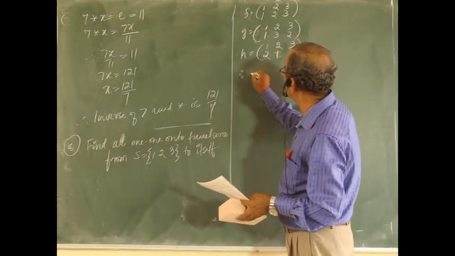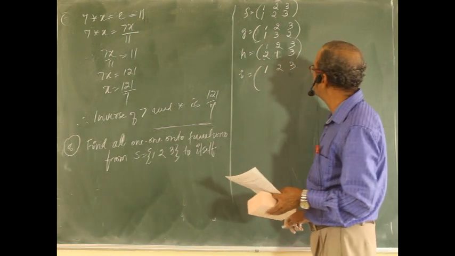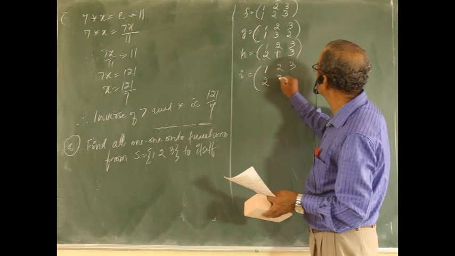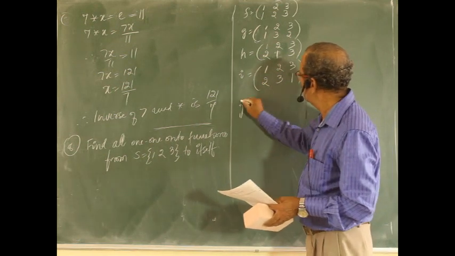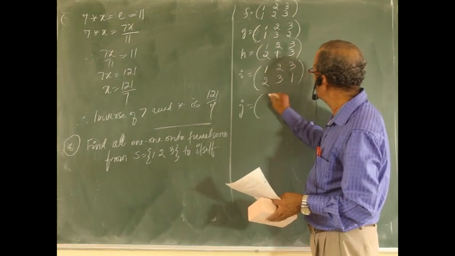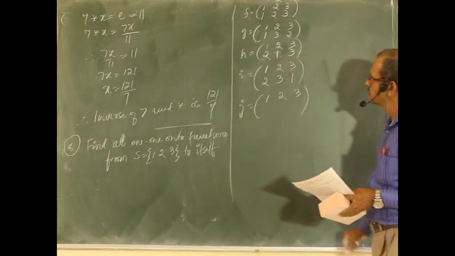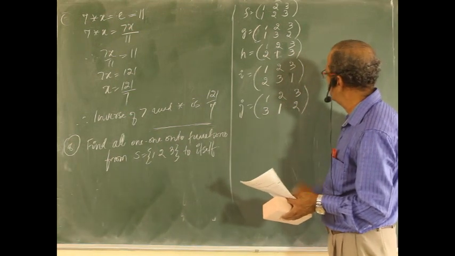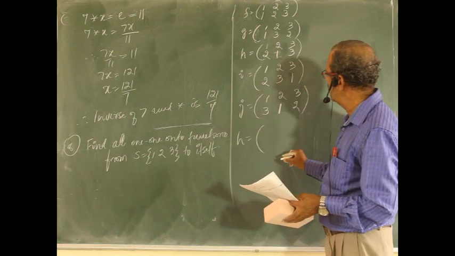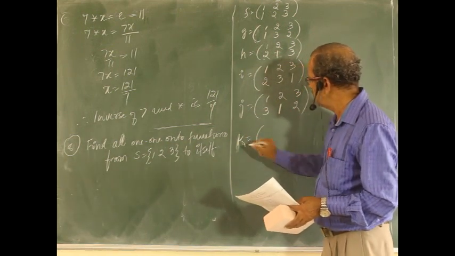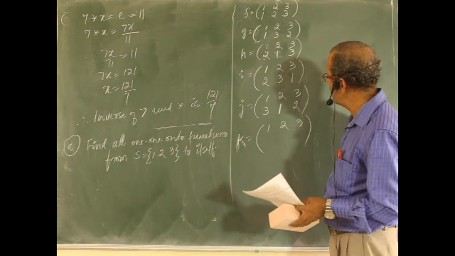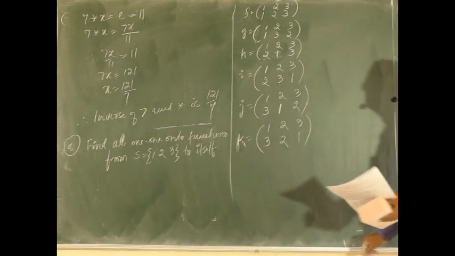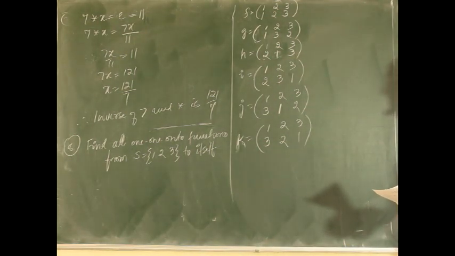Write all the possible functions carefully. 1, 2, 3; 2, 3, 1; 1, 2, 3; 3, 1, 2; 1, 2, 3; 3, 2, 1. Mostly over.